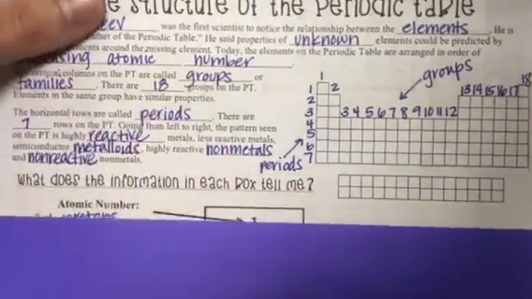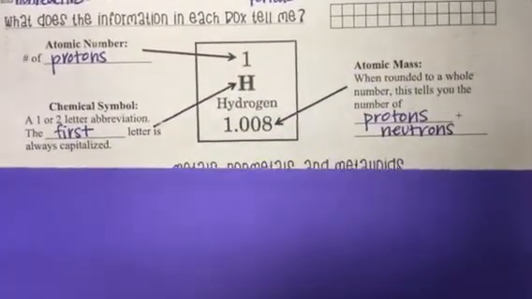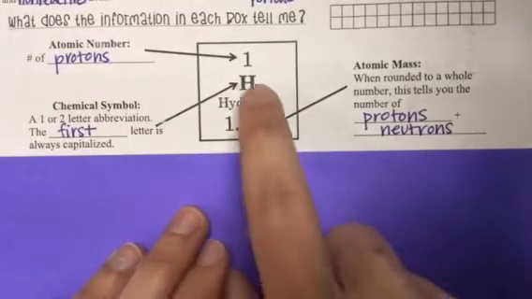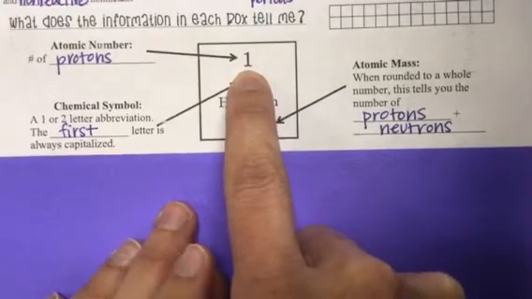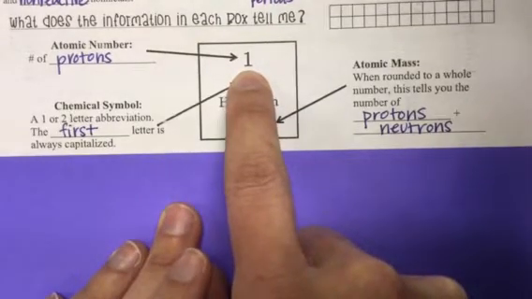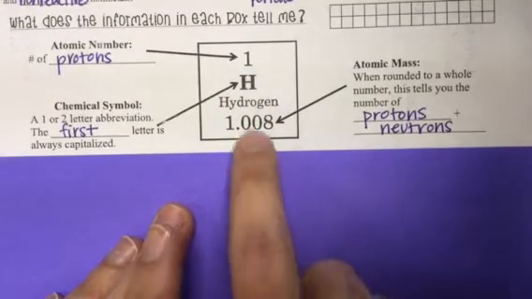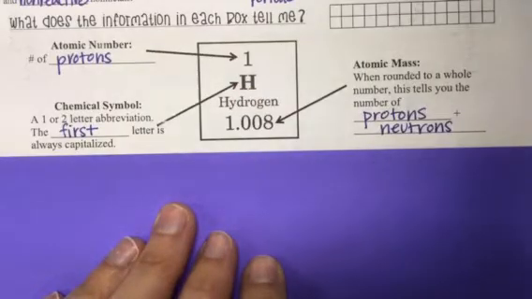All right, so what does the information in each box tell us? So the first number is typically the atomic number. That's the same as the number of protons in the nucleus of one atom of that element. The letter or letters are the chemical symbol.